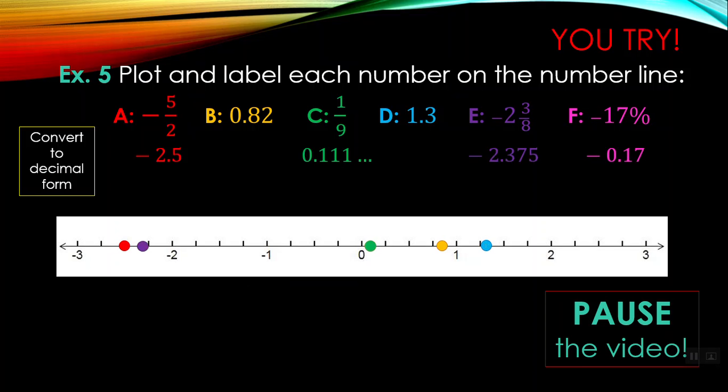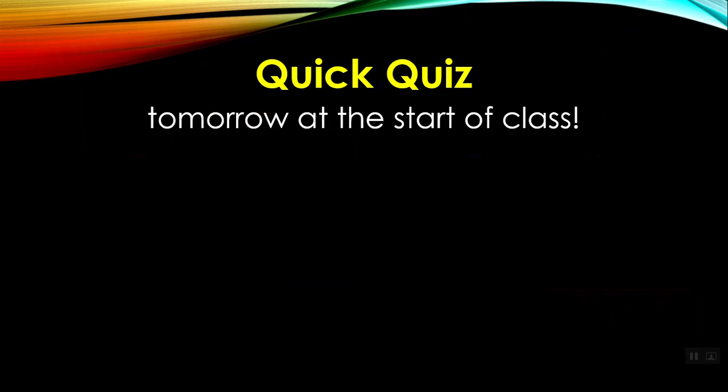That's -0.17. When I think about where that goes, I know that it's close to -0.25, right? Those are the tick marks on this number line. But it's not quite there, and so it's going to go in between 0 and -0.25.